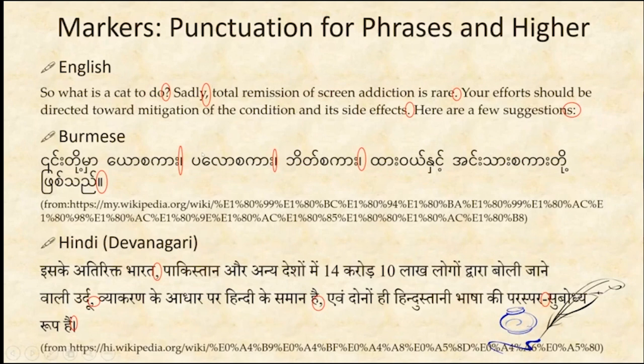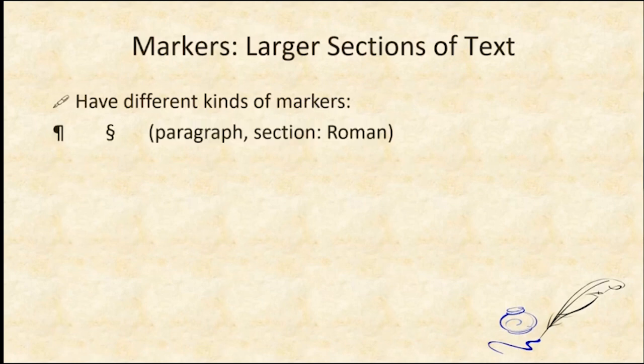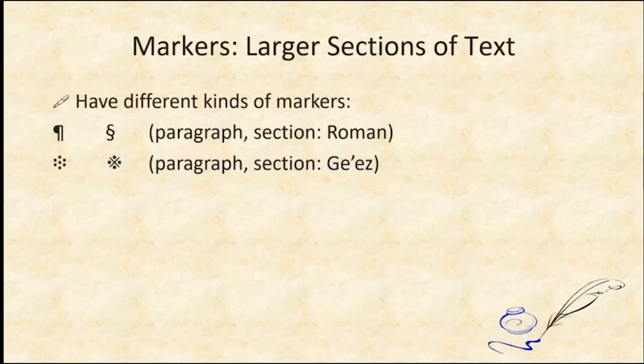Then there's the whole world of punctuation. I'm not a specialist in punctuation, don't claim to be, but I've included some examples here of punctuation in various writing systems. And then there are also markers for larger sections of text. What's interesting compared to the marks we've seen already is that these marks are of different kinds of shape.